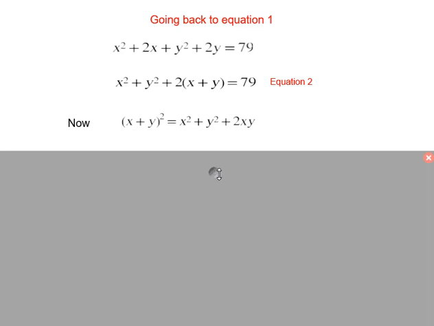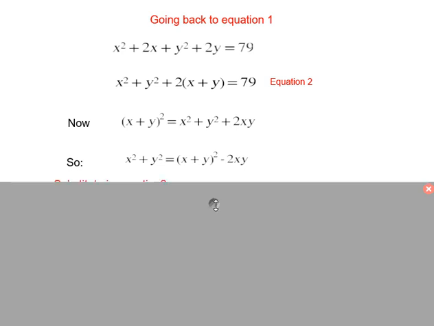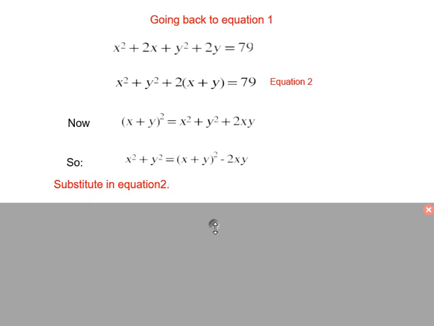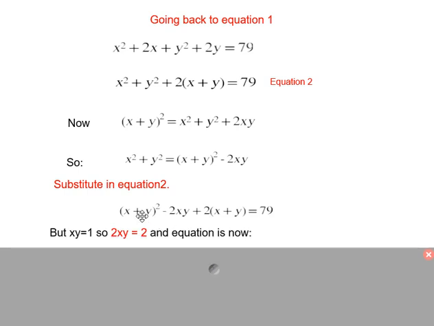And if I rearrange that, I get x squared plus y squared is this bit minus that bit, which is (x plus y) squared minus 2xy. Put that back into equation 2. Now we get (x plus y) squared minus 2xy plus 2(x plus y) equals 79. Now that bit there, xy equals 1, so that equals 2. Bring the 2 across to here, and we'll get this equation.